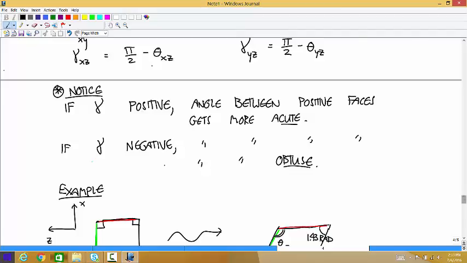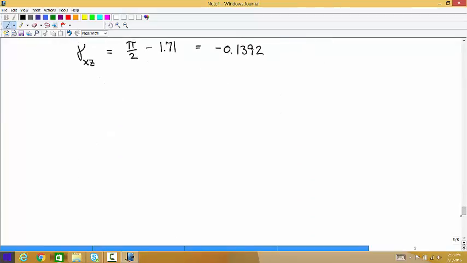Okay, let's do one where we calculate all the strains. So let's say we start with a shape. This time it's a cube. Everything's 1 centimeter long.